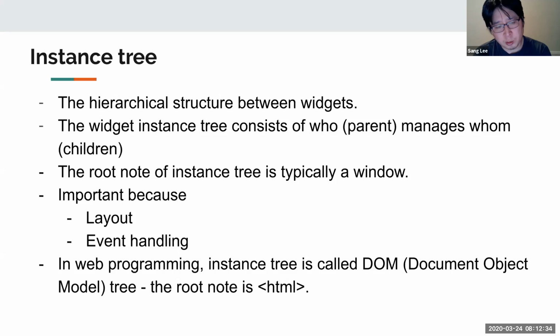An instance tree is important because of the layout. For example, if I resize the window, the parent container should tell all their children to resize or react accordingly. There could be some constraints, like using CSS, where we can specify minimum widths. So there has to be some sort of negotiation between parent and children, given certain constraints that users specify.